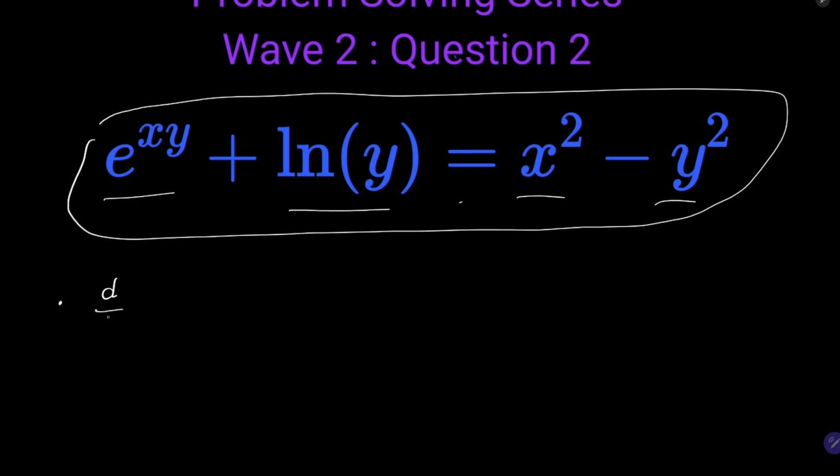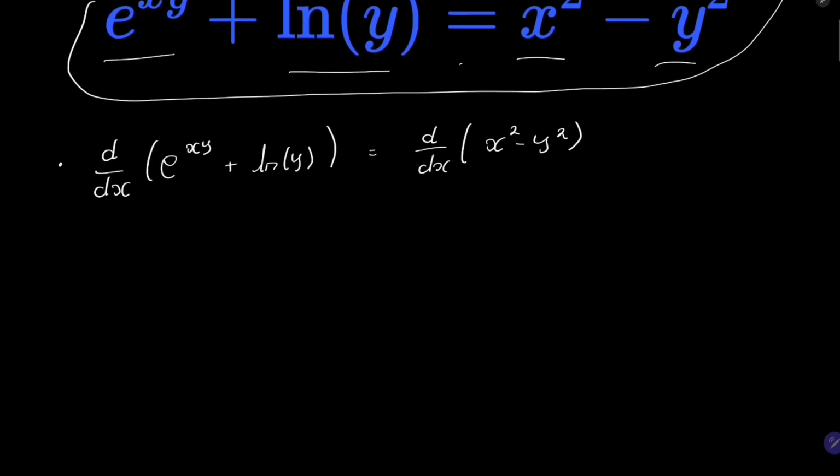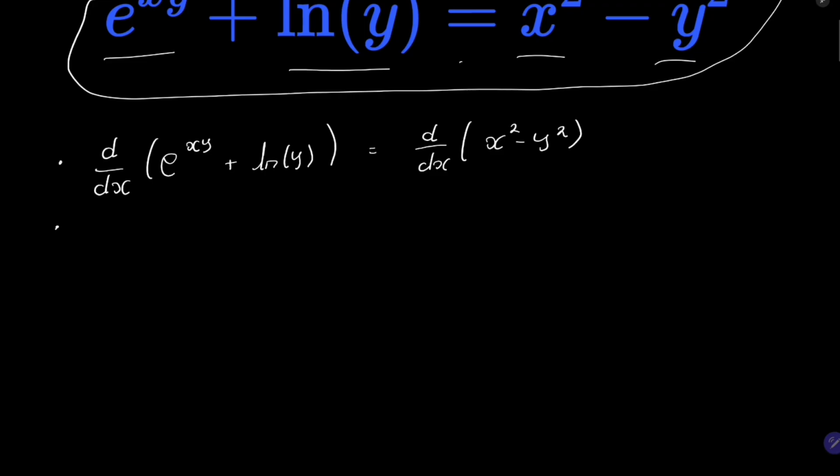Applying on both sides, we have the derivative with respect to x of e to the xy plus ln of y equals the derivative with respect to x of x squared minus y squared. Opening the brackets, that is using our sum and difference rules of differentiation, which tell us that the derivative of a sum or a difference is equal to the sum or difference of their derivatives.